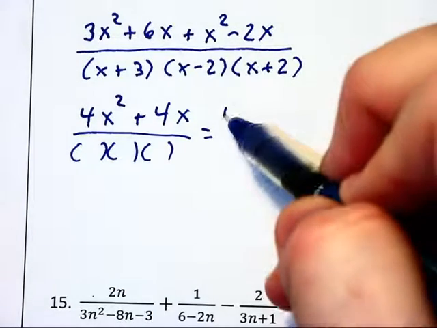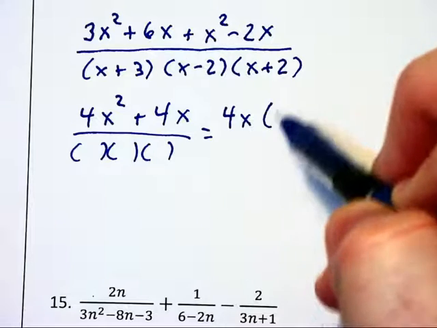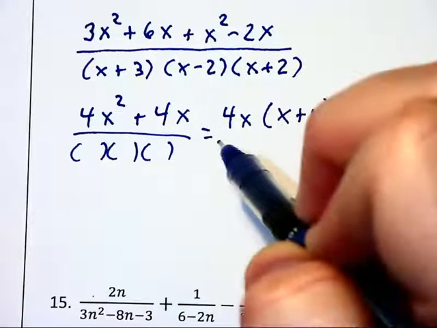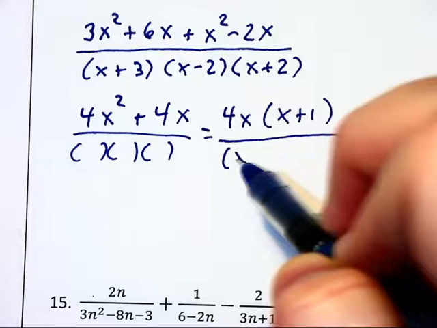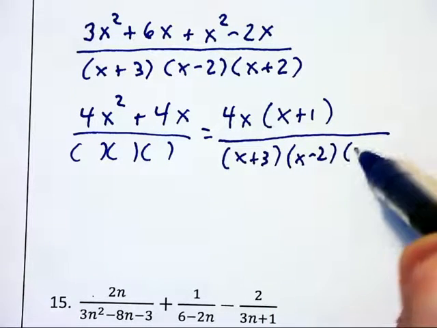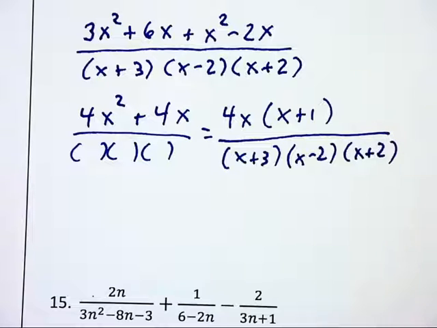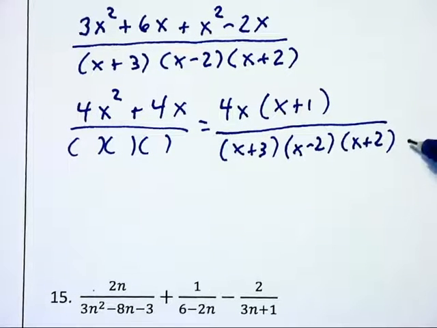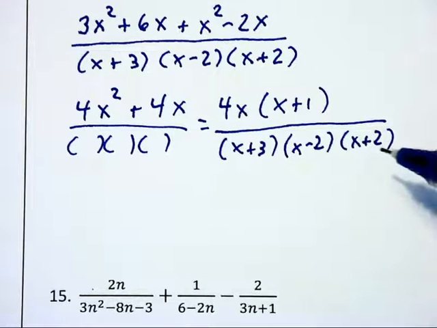That will give me 4x times x plus 1 over these three parentheses, x plus 3, x minus 2, and x plus 2. And it turns out that nothing is going to cancel this time, which is the case every once in a while, but we've at least verified that this will not reduce any further.